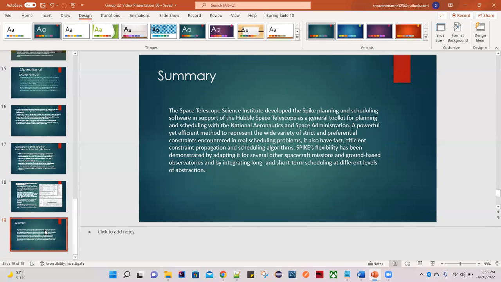We also have fast, efficient constraint propagation and scheduling algorithms. Its flexibility has been demonstrated by adapting it for several other spacecraft missions and ground-based observatories, and by integrating long and short-term scheduling at different levels of abstraction. Thank you.